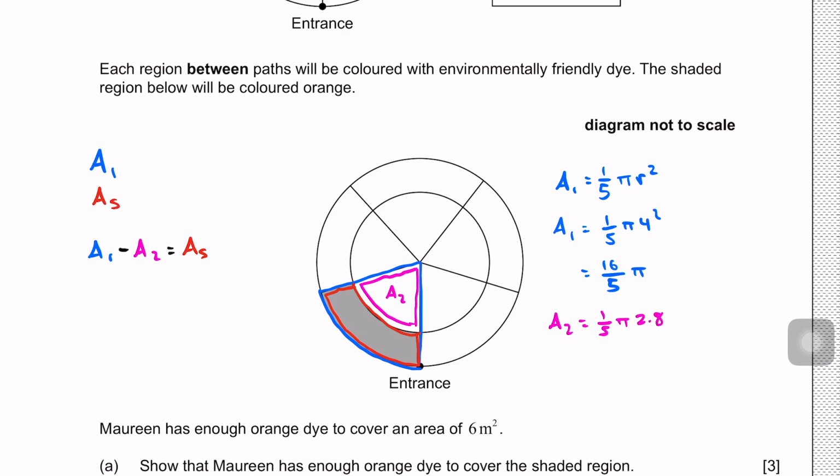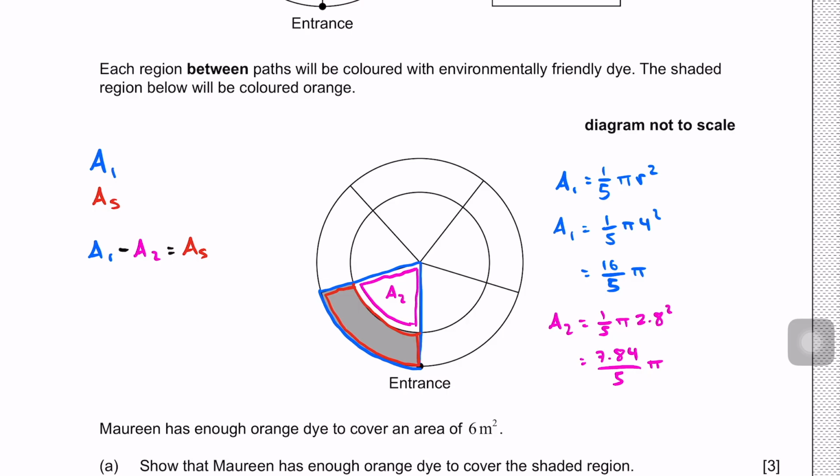So 2.8 squared. Not sure what that is. 7.84. So 2.8 squared is 7.84. So writing that out, 7.84 over 5 pi.